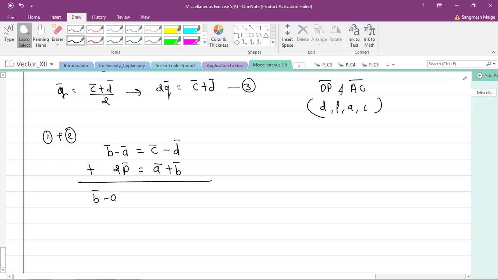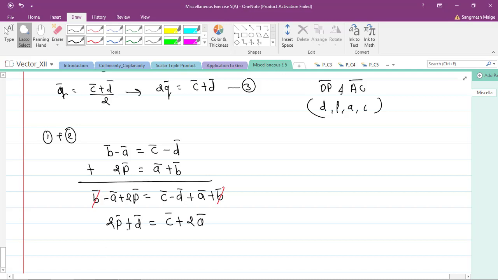B bar minus A bar plus 2P bar is equal to C bar minus D bar plus A bar plus B bar. As B bar is the same on the LHS as well as RHS, we can easily remove it. Next we have 2P bar. Now take this minus D bar to this side, so we get plus C bar, and minus A bar on this side becomes plus 2A bar.